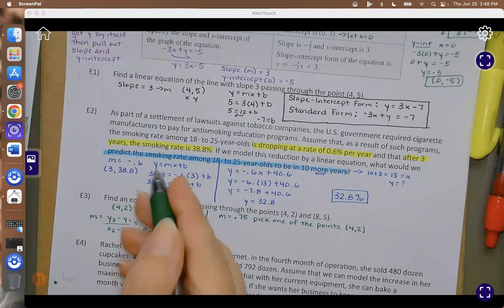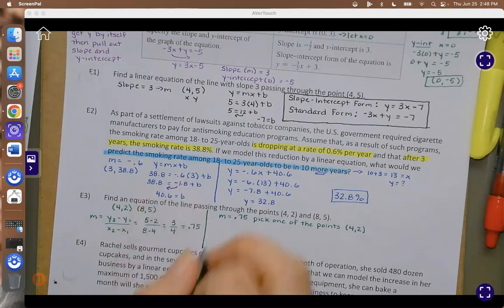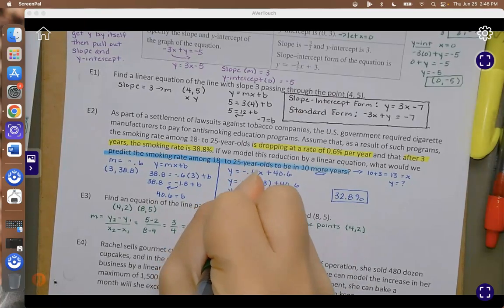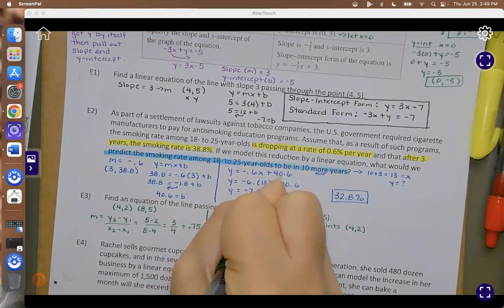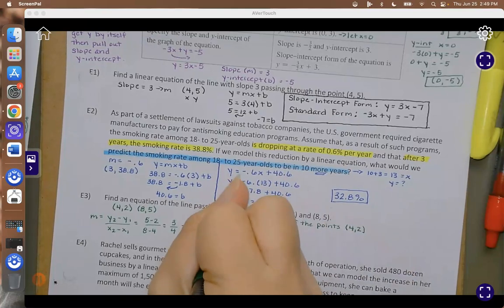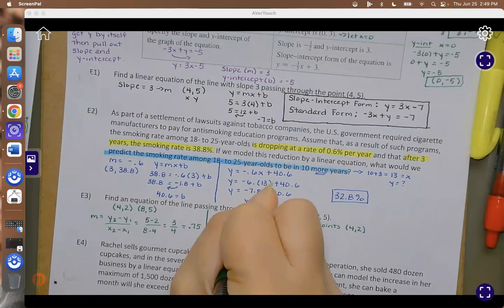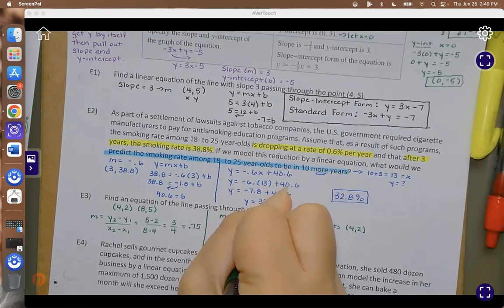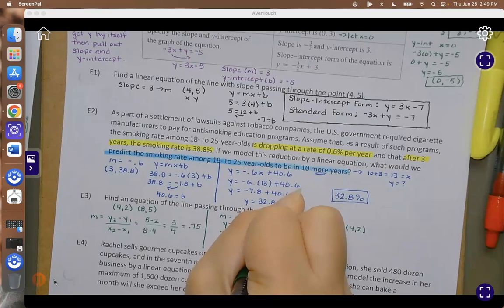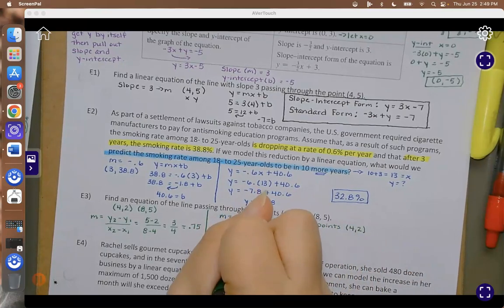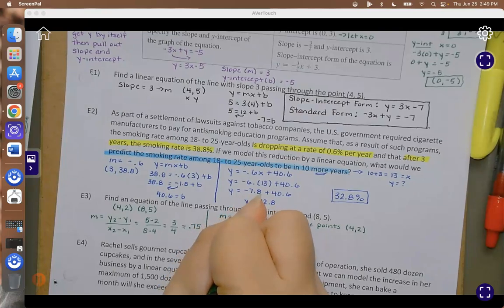Okay, and now it's like the problems we've been doing. So we're going to plug in to y equals mx plus b. Y is 2, m is 0.75, x is 4. So 0.75 times 4 is 3.